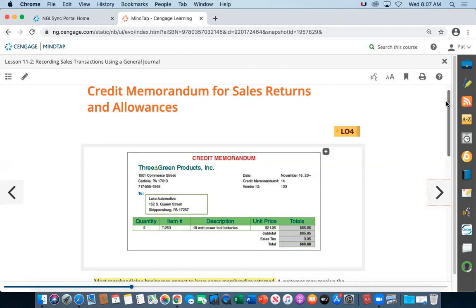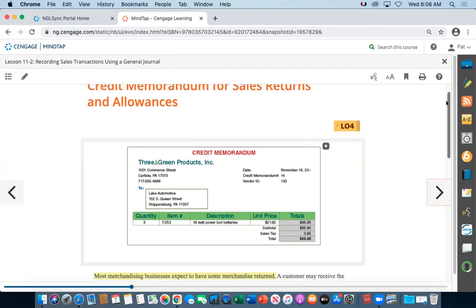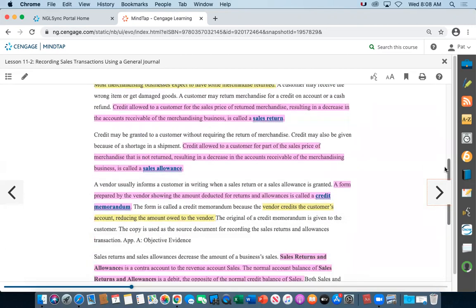So before we had debit memorandums, right? In 11.1, where we debited accounts payable in the company. So now we're working with accounts receivable, and we're going to do the same concept just with the credit and accounts receivable.